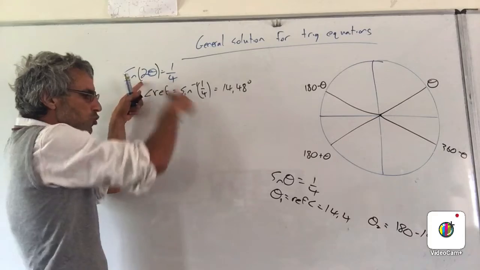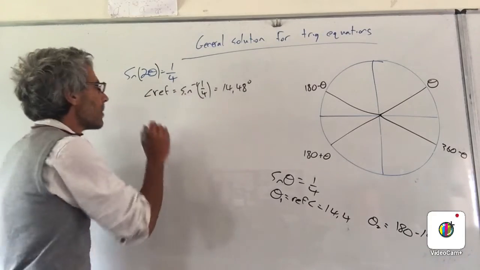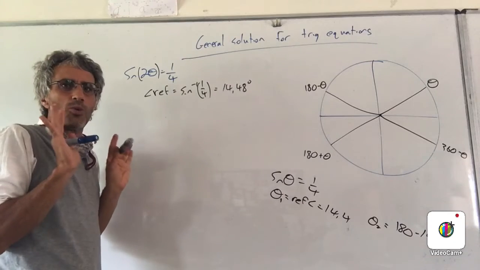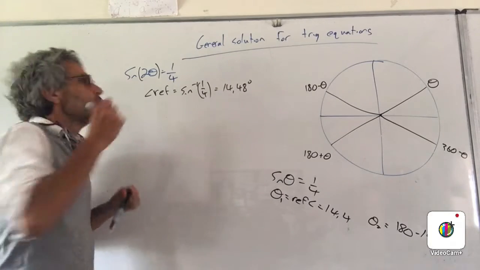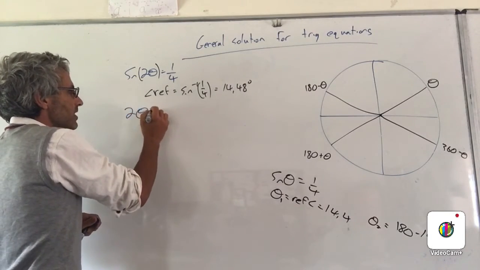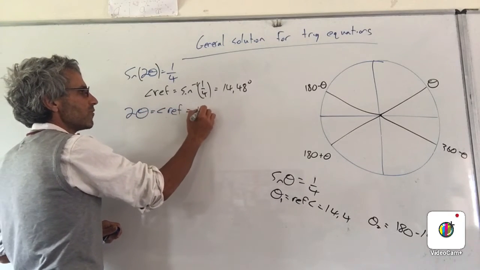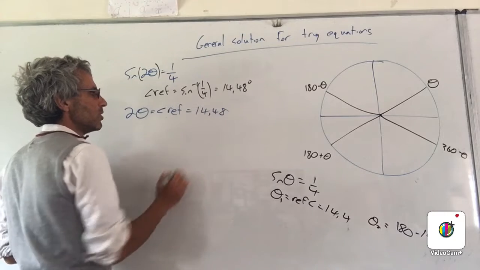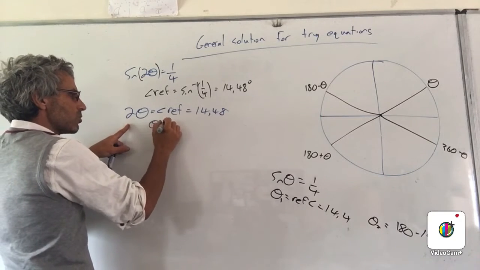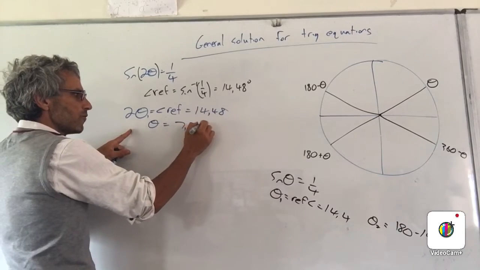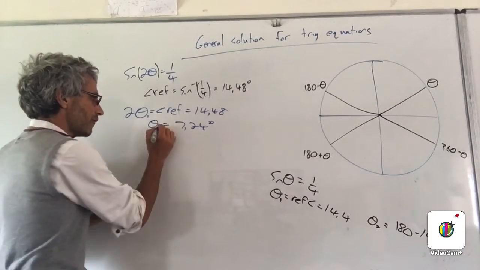Now I have 2 theta. So what do I have to write before I divide by 2? 2 theta is equal to the reference angle, which is 14.48, which means theta is equal to 7.24. That's the first angle.